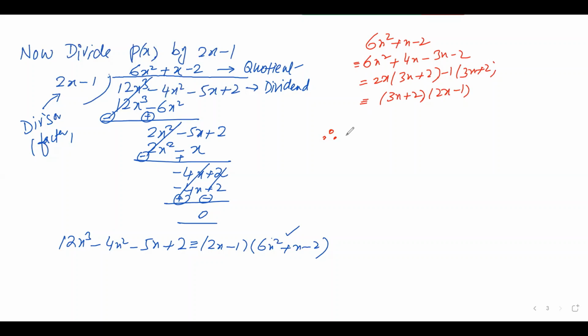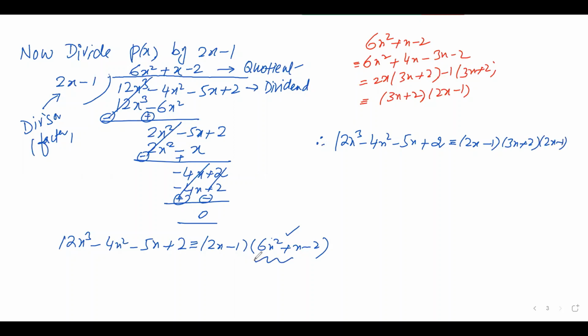Therefore, finally, you can write P(x), which is 12x cube minus 4x squared minus 5x plus 2, is 2x minus 1, 3x plus 2, and again 2x minus 1.